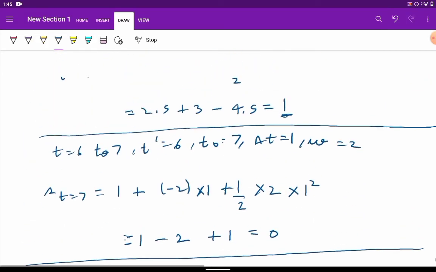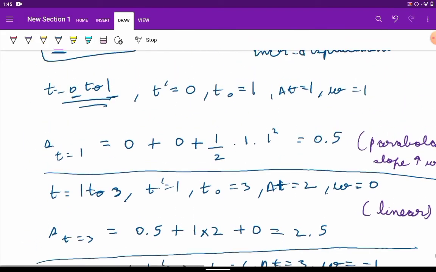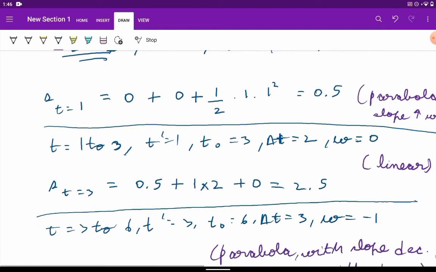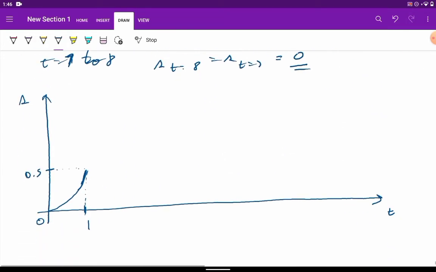Okay, so slope is maintained. So at t equal to 3, the point is at 2.5. So you'll have a tough time drawing this. I'll redraw this part, it is looking really clumsy.